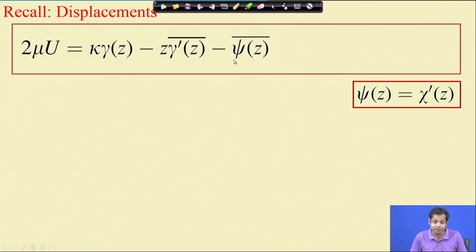This is essentially the Navier's equation, and when written in terms of these potentials, it gives you that. We also discussed, through one example, the use of both the equations, the stress equation and also the displacement equation.